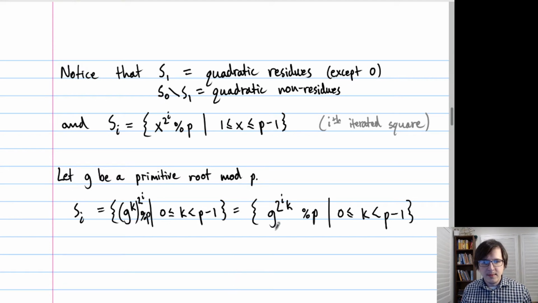Then, by exponentiation laws, that's just g to the 2 to the i k, mod p. Keep that in mind, that's going to be useful.